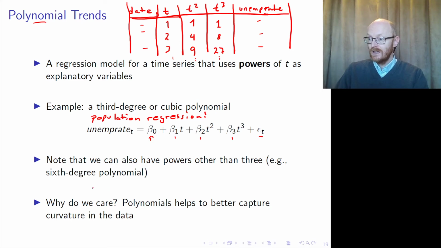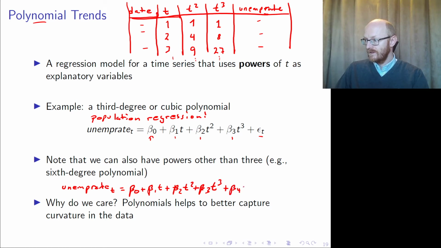For example, a 6-degree polynomial would be defined as unemployment rate at time t equals the intercept plus beta 1 times t to the power of 1, plus beta 2 t squared plus beta 3 t cubed plus beta 4 t to the power of 4 plus beta 5 times t to the power of 5 plus beta 6 times t to the power of 6 plus the error term at time t.